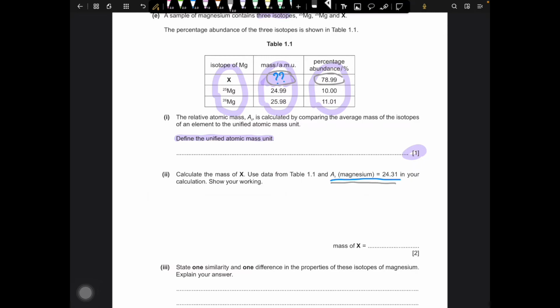Let's put Z as our unknown here. Let's put here the relative atomic mass, which is 24.31. That will be equivalent to Z multiplied with the relative abundance, 78.99, plus another isotope, the mass is 24.99, multiplied with its abundance, and the last isotope multiplied with its abundance.